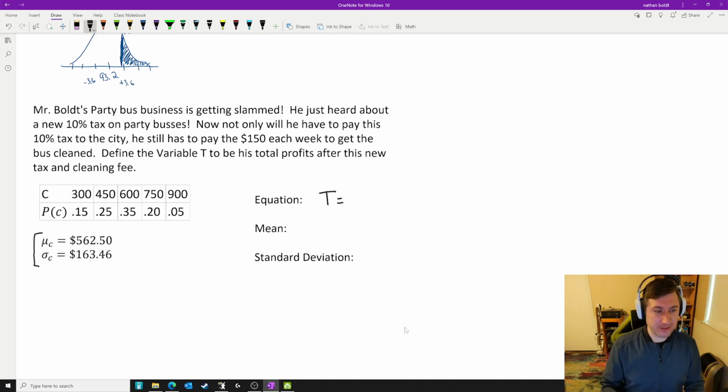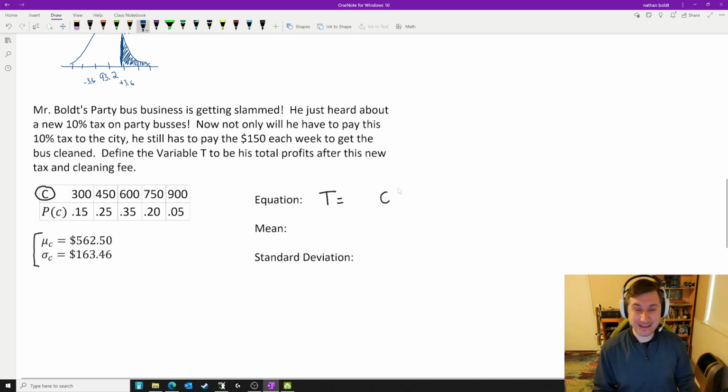First I'm going to take the variable C. That's the amount I get from driving the party bus. That's sort of my income. There's C. But now I get a 10% tax on that. Here's how you do a 10% tax.